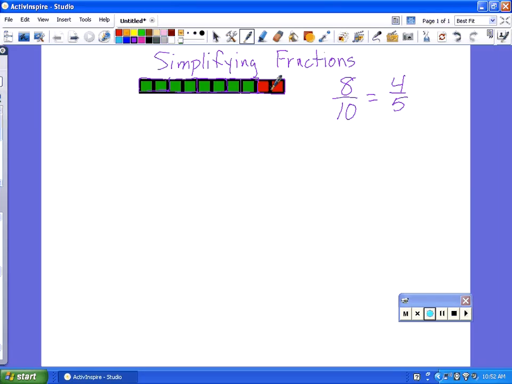Okay, another thing that we can do, if we don't have a picture, has to do with GCF. Does anybody remember what GCF stands for? Greatest common factor.